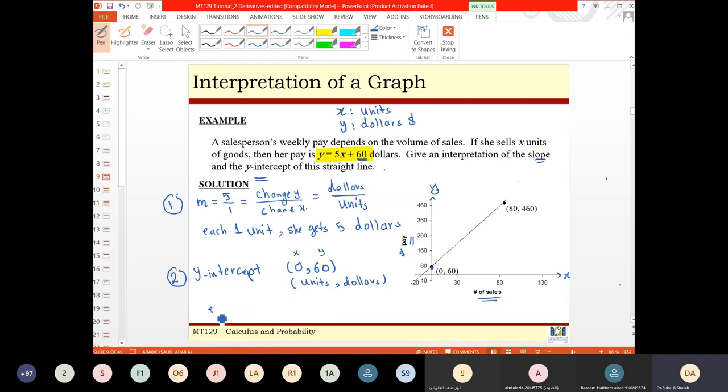So what does this mean? It means for each 0 units she gets $60. فهذا اللي I get it from the y-intercept: إن كل 0 units she will get $60.